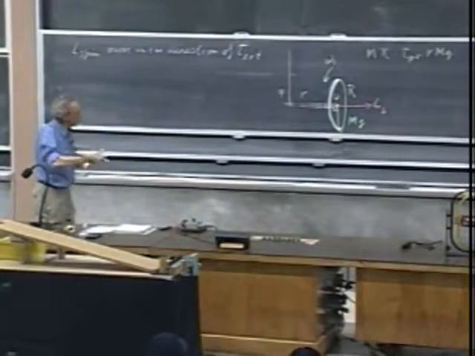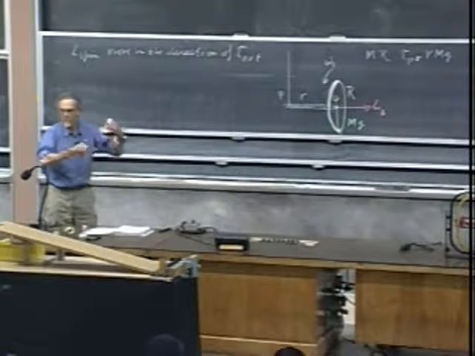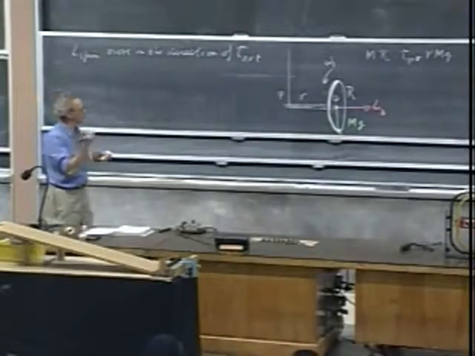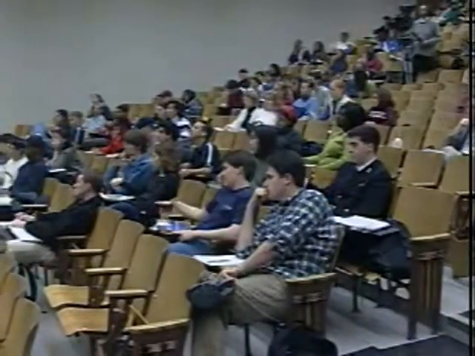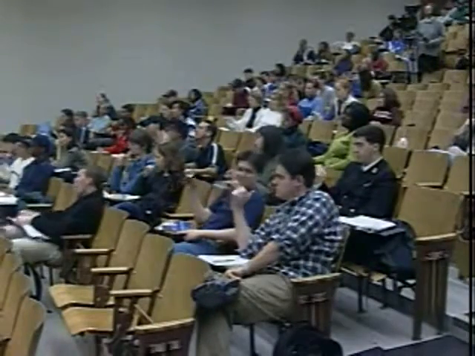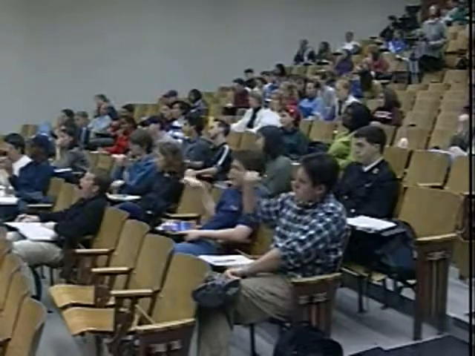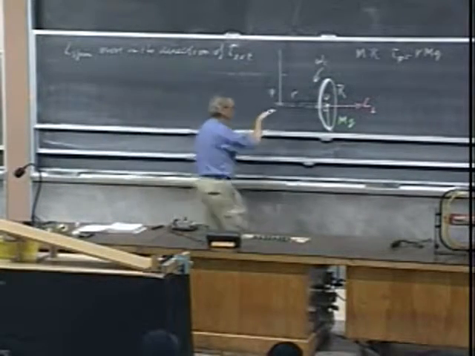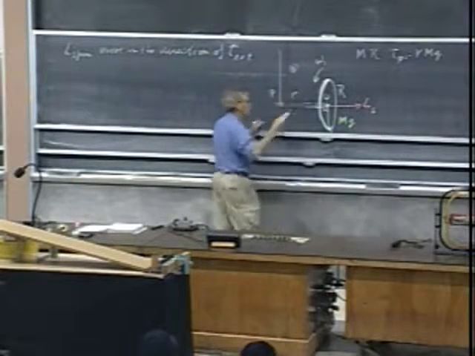R cross F. Use your hands, thumbs, whatever you want. You think in this direction? I disagree. R cross F is, you must be kidding, in the blackboard. It's not out of the blackboard, it's in the blackboard. There is a torque in this direction.